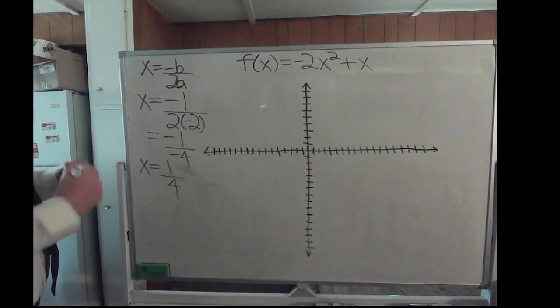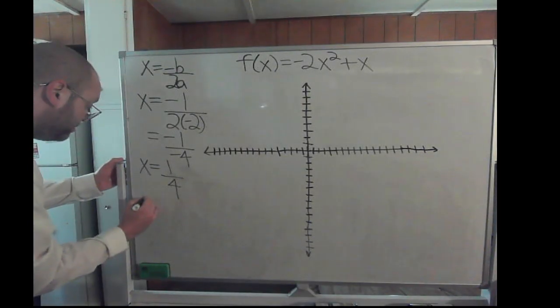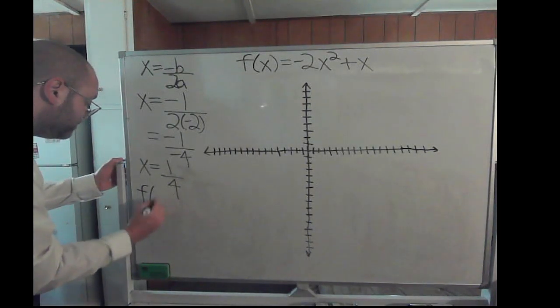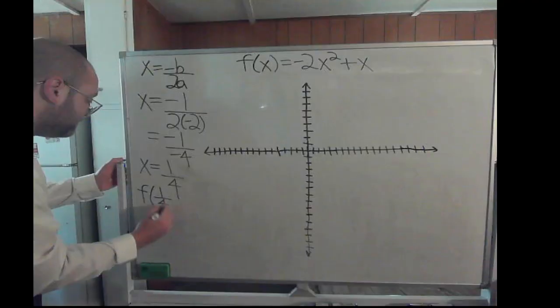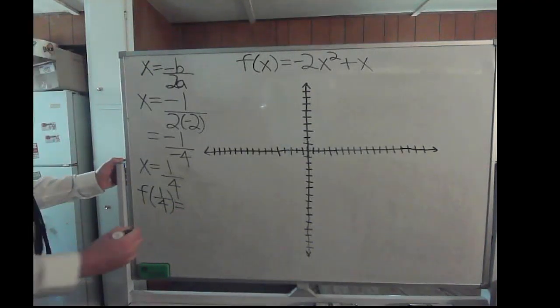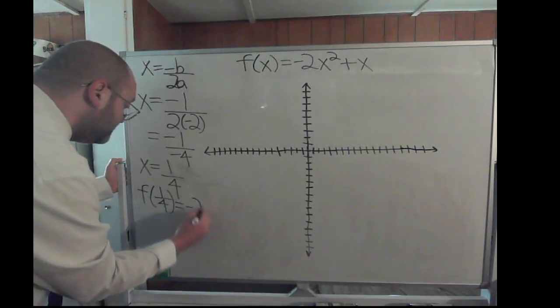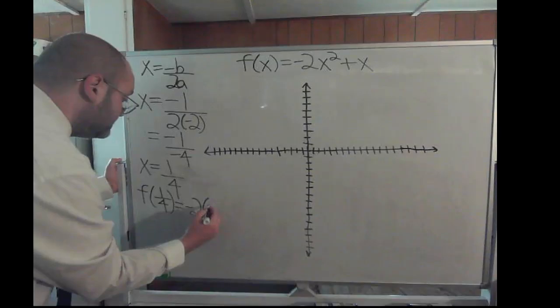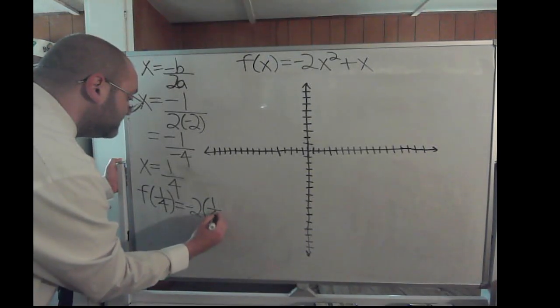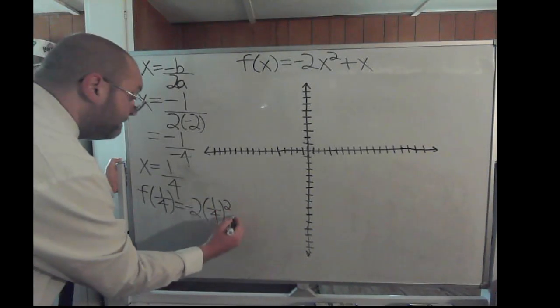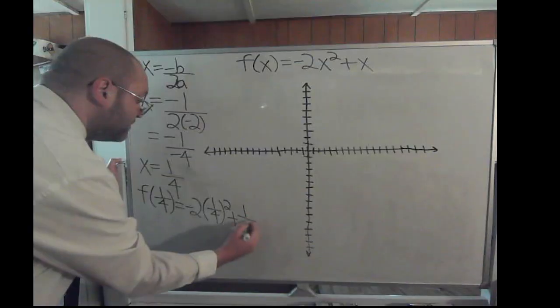Now we need to find the y-coordinate, which would be done by putting that 1/4 into the function. So f of 1/4 is equal to negative 2 times the 1/4 to the second power plus 1/4.